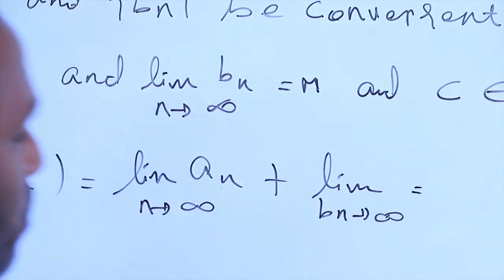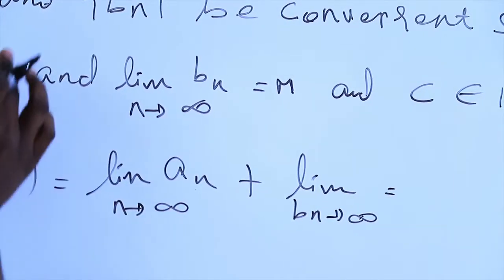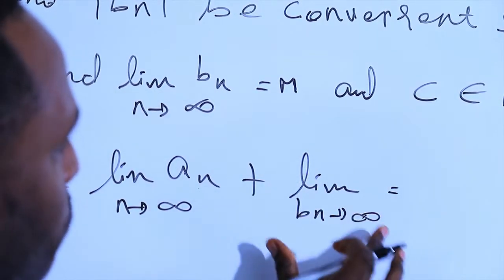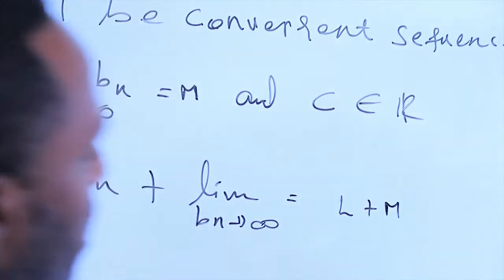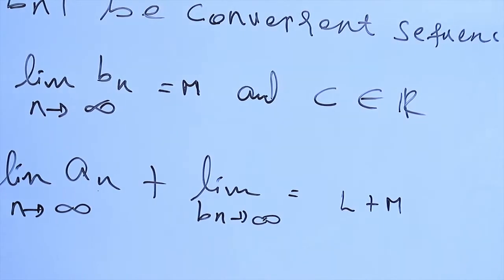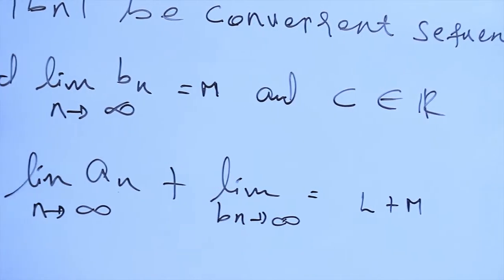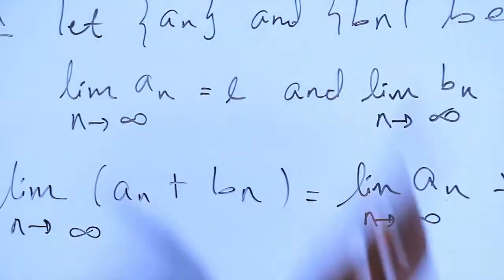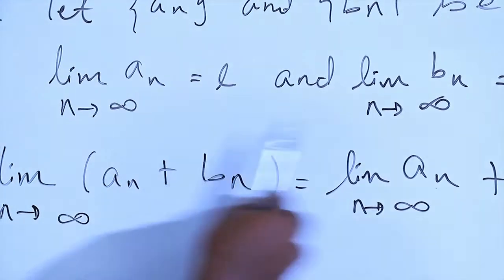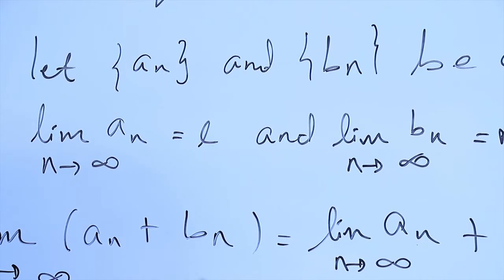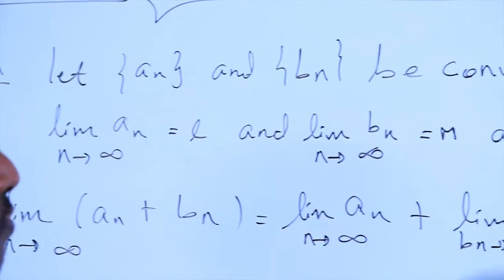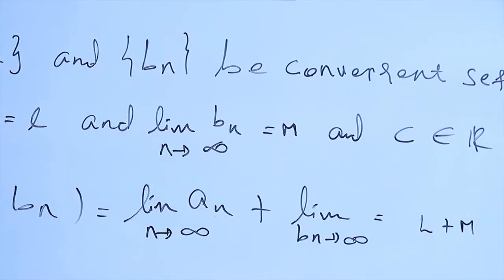The limit of an equals L and the limit of bn equals m, so the result is simply L plus m. Since an and bn are convergent with limits L and m, the limit of the sum of the two sequences is L plus m.